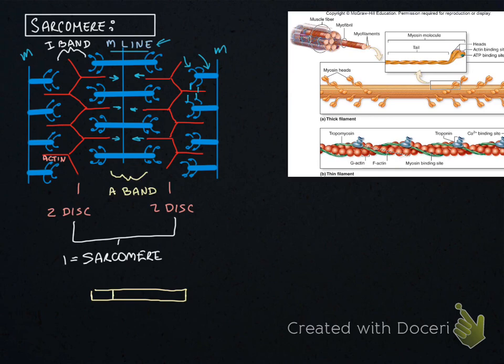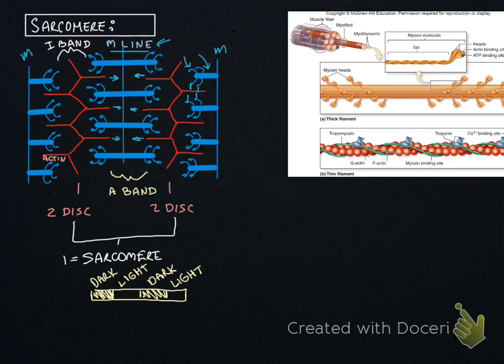If I drew a spaghetti noodle and colored it in different sections, so if this was the dark band, this is the light band, dark, light. This is basically what you would see if you looked at it under the microscope, different light and dark bands. And this is what the thin and thick filaments make up, these light and dark bands.